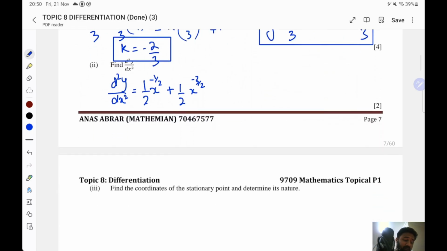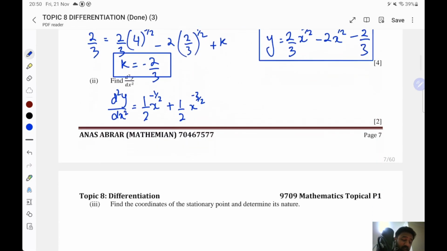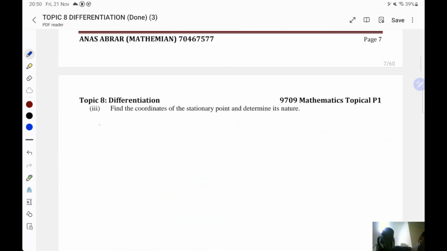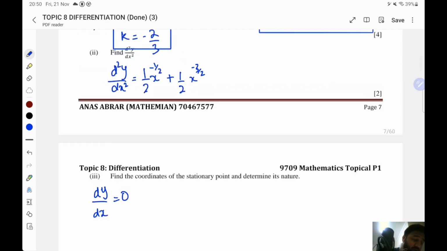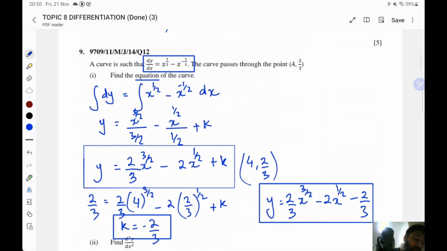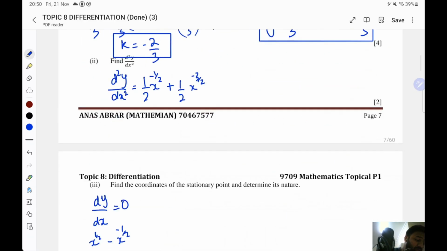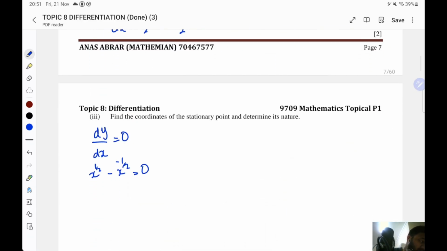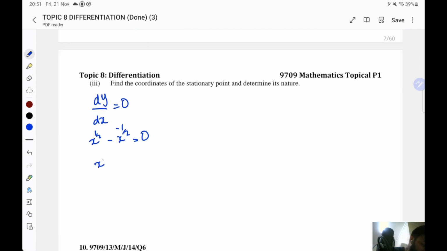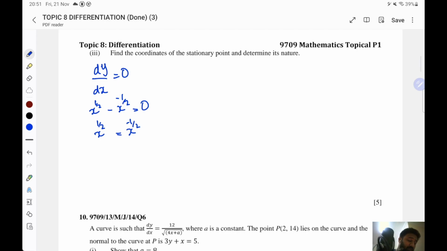Find the coordinates of the stationary point and determine the nature. So to find out the stationary points, it's dy by dx, and we will substitute it equals to 0, which was already given. So x power 1 by 2 minus x power minus 1 by 2, equals to 0. So if I simplify, it will be x power 1 by 2 equals to x power negative 1 by 2.